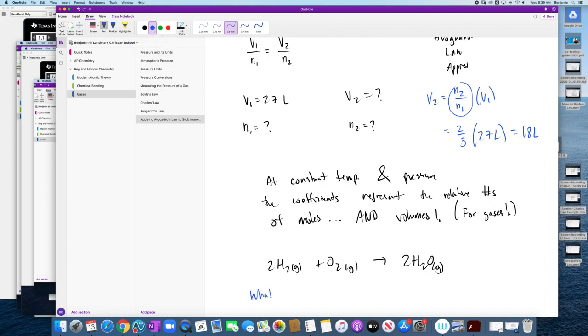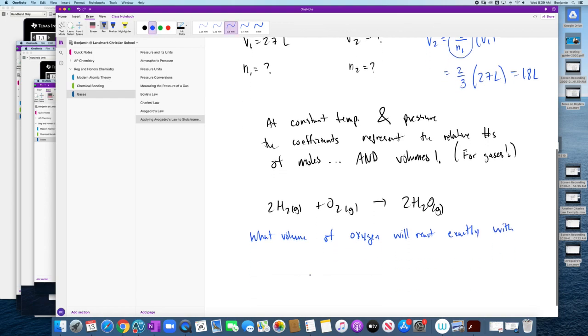What volume of oxygen will react exactly with 5.8 liters of hydrogen at constant temperature and pressure?